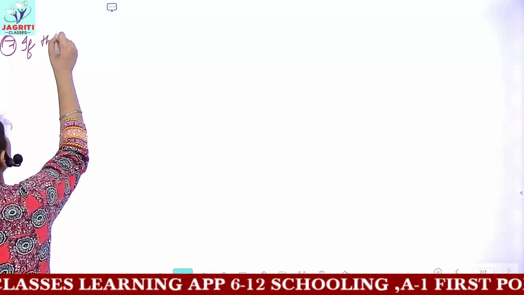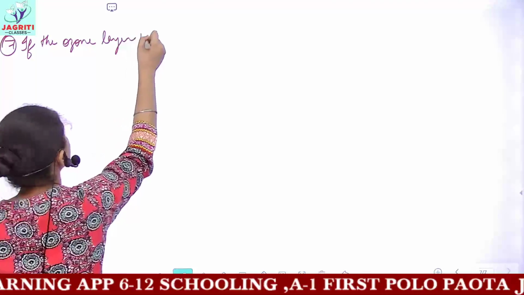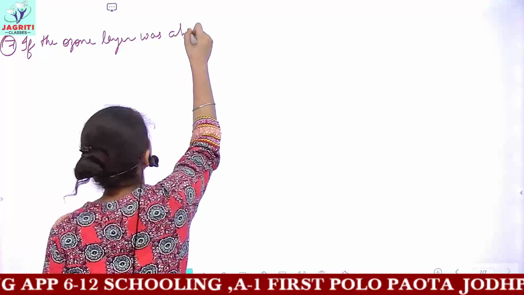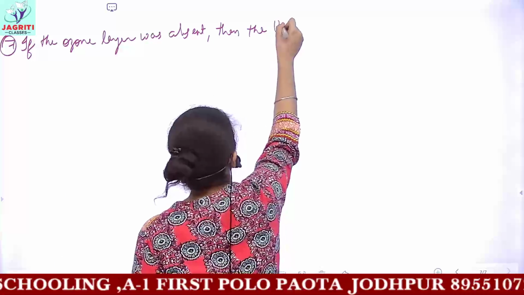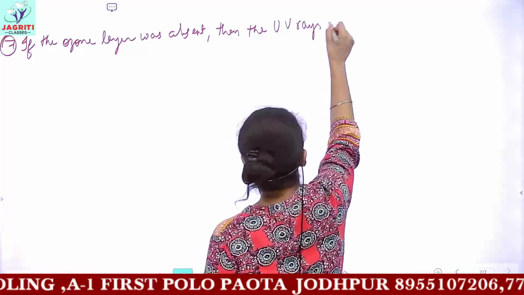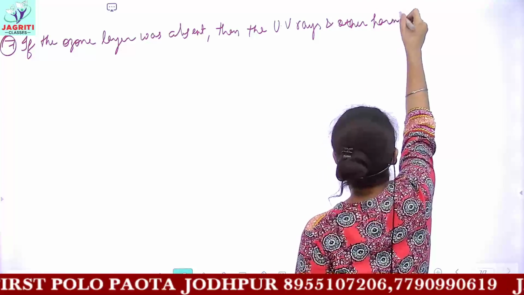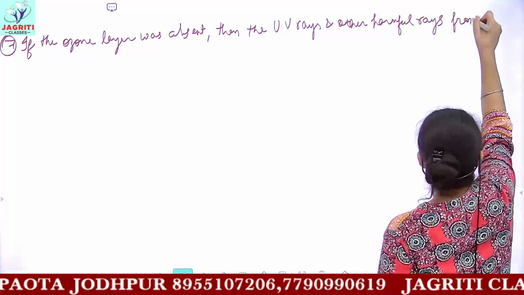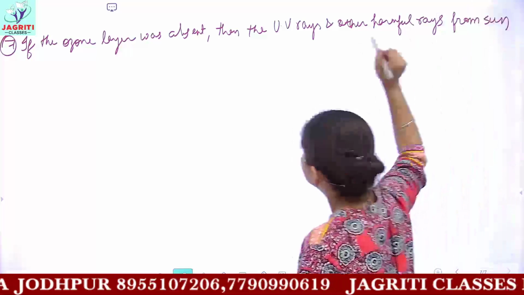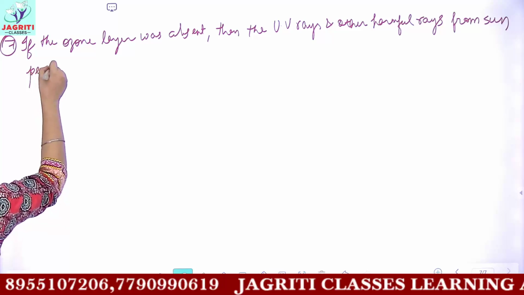If the ozone layer was absent, then the UV rays and other harmful rays coming from the sun would penetrate the Earth.